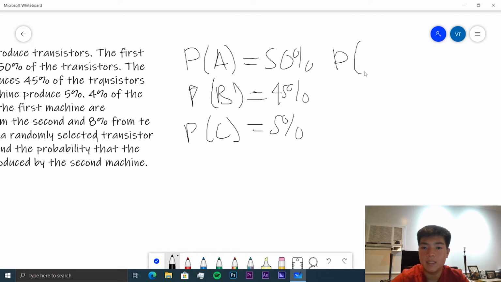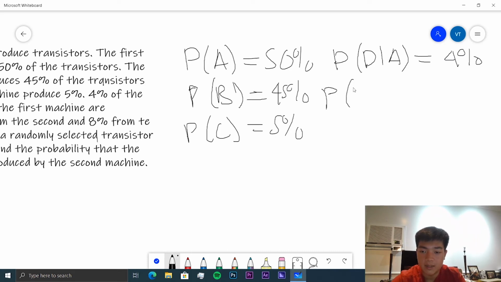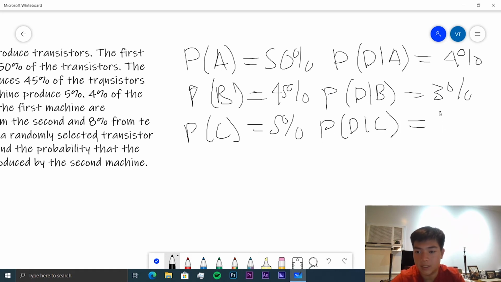Now the probability that it is defective, it's called D, given that it was produced from machine 1, is equal to 4%, sorry. The probability that it was defective produced from machine 2 was 3%, and the probability that it is defective when produced from machine 3 is equal to 8%, I think.